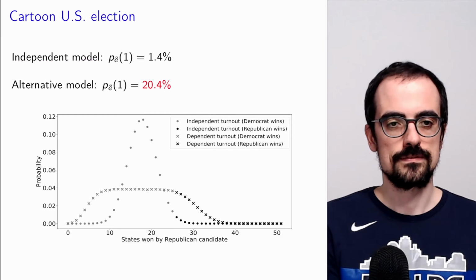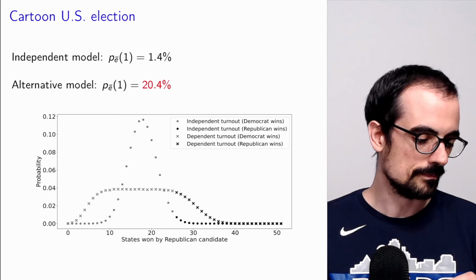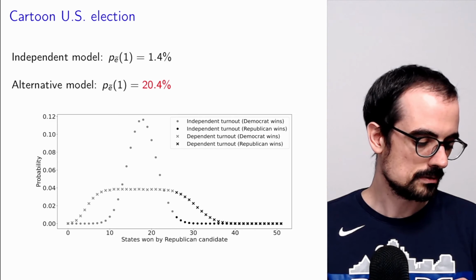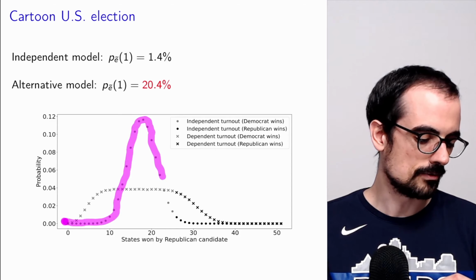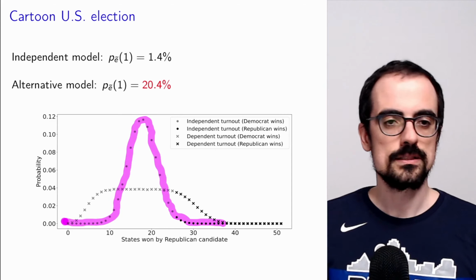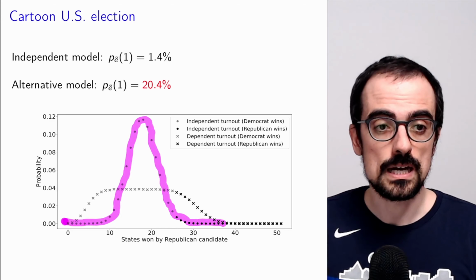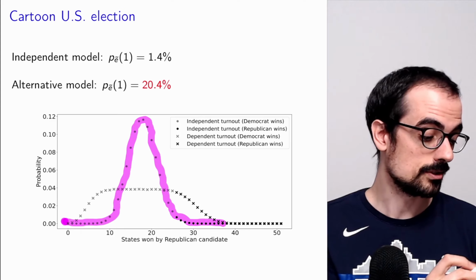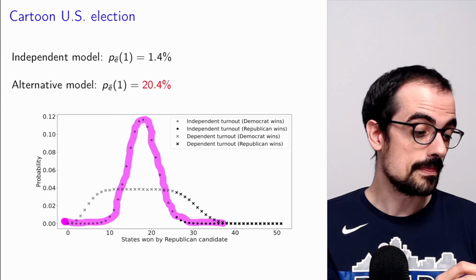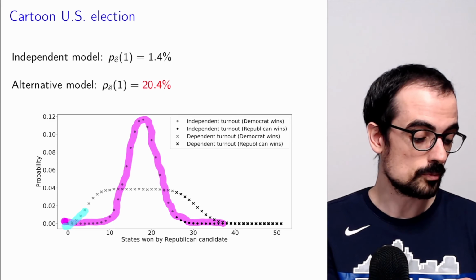Just to finish showing you the results, this is the conditional PMF of the probability that the Republican candidate wins under the independence assumptions. We see that it's very peaked because of these independence assumptions. The model that includes dependencies is much more spread out.